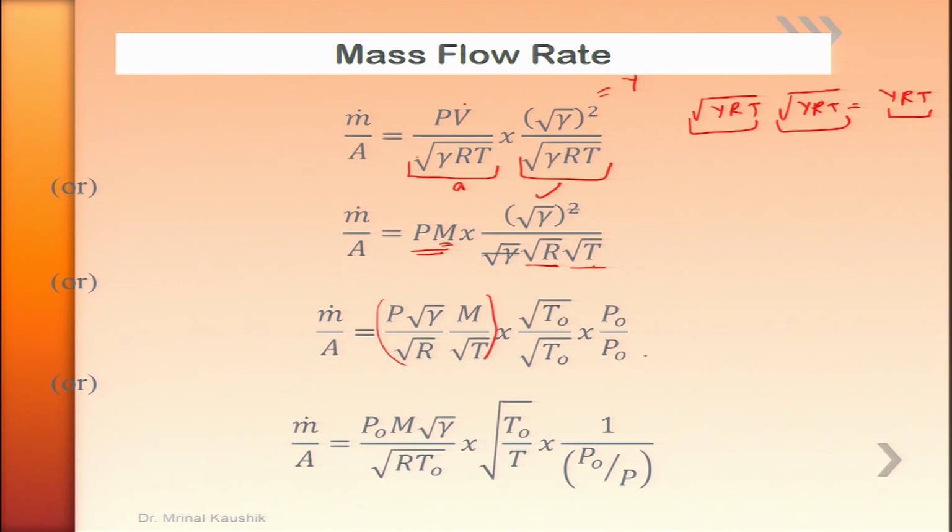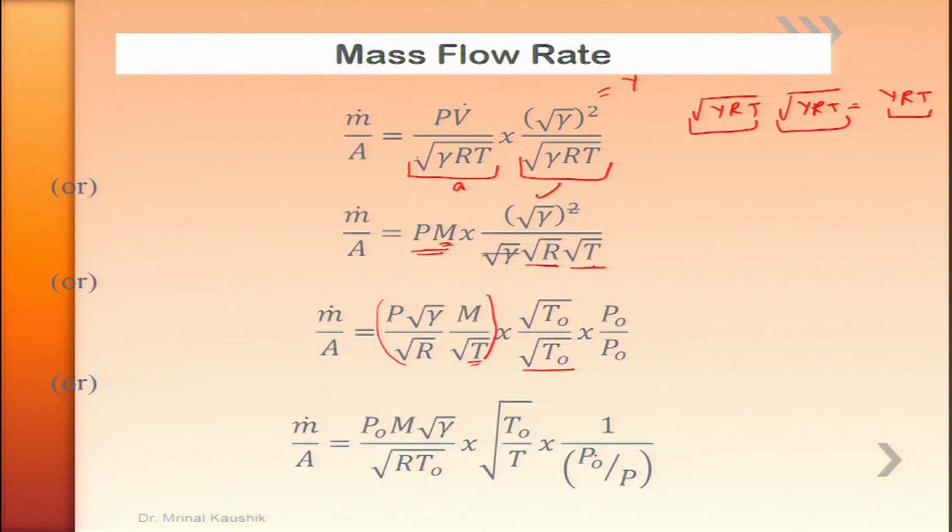Moreover, I am going to divide and multiply with square root of T naught and P naught. This is to use my isentropic relationship P naught by P and T naught by T. In doing this exercise, rather than taking T naught T here, I will include square root of T naught, which is a constant for a reservoir.